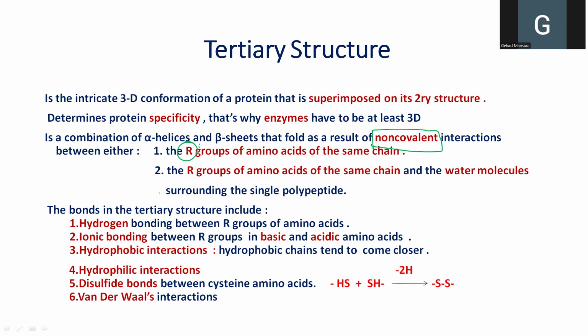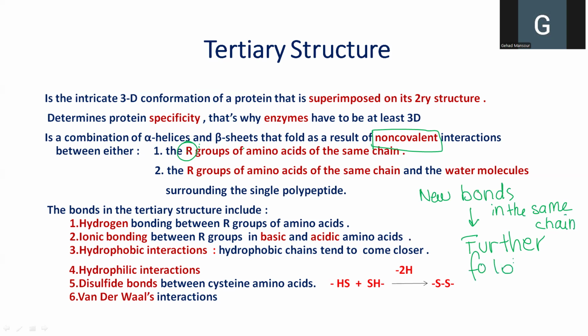So here we have certain important rules to reach the tertiary structure. Number one, we have to start by a secondary structure. Number two, we have to make new bonds to do further folding. New bonds in the same chain will result in further folding.